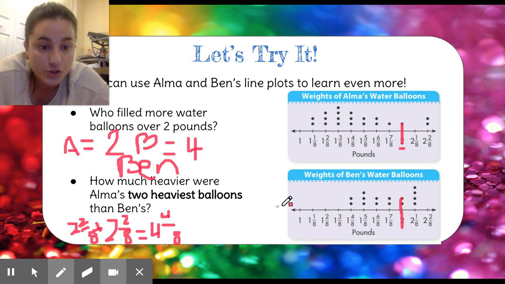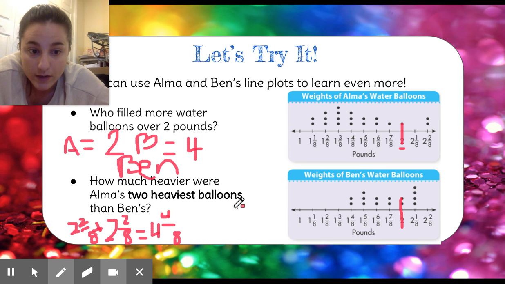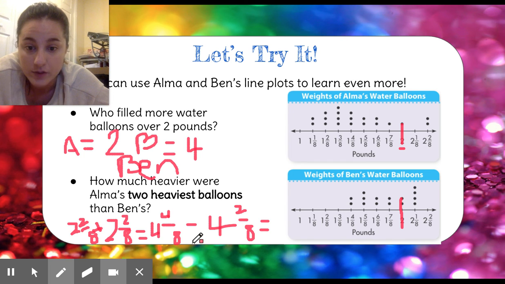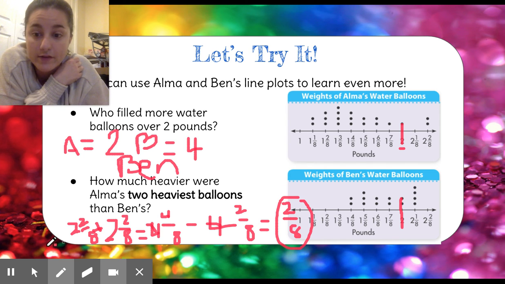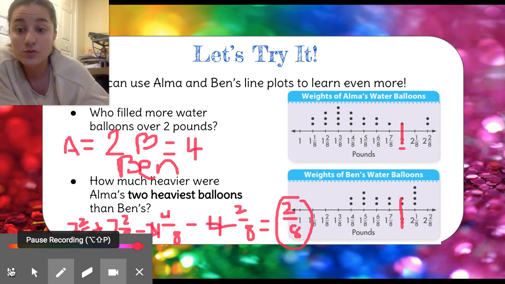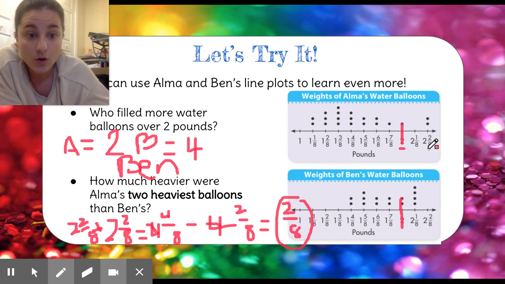Now Ben's 2 heaviest were 2 1/8 and 2 1/8, which is 4 2/8. So if we were to subtract to find out how much heavier Alma's were, my whole number is 4 minus 4 is 0, 4 minus 2 is 2, and my denominator is 8. So Alma's 2 heaviest balloons were 2/8 heavier than Ben's 2 heaviest balloons. So that's a 2-step problem. You have to look at, okay, her 2 heaviest balloons were 2 2/8.